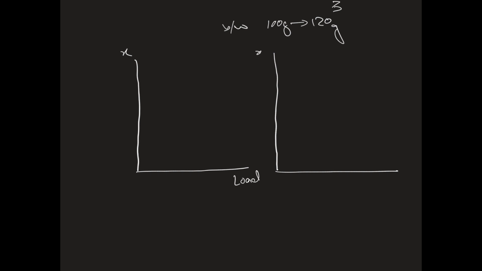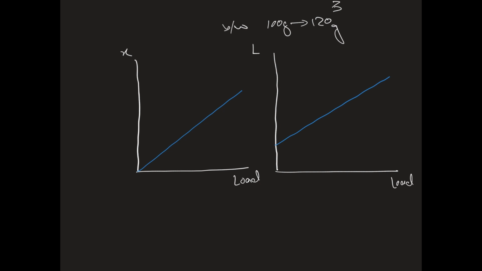This is the length and load graph. When you draw the graph, within the limit of proportionality, the extension load graph will be a straight line that passes through origin. But the length and load graph may not pass through origin.